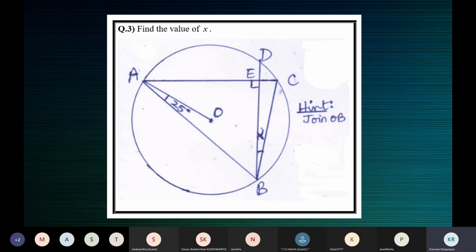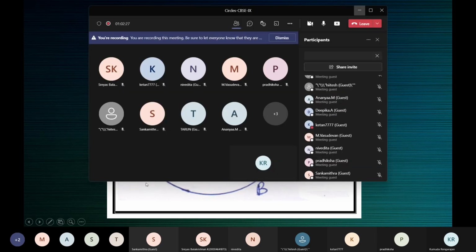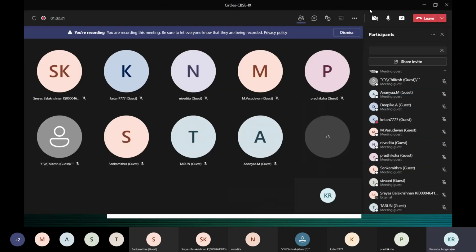Found the value of x, children? Class, use the emoji, raise your hand.